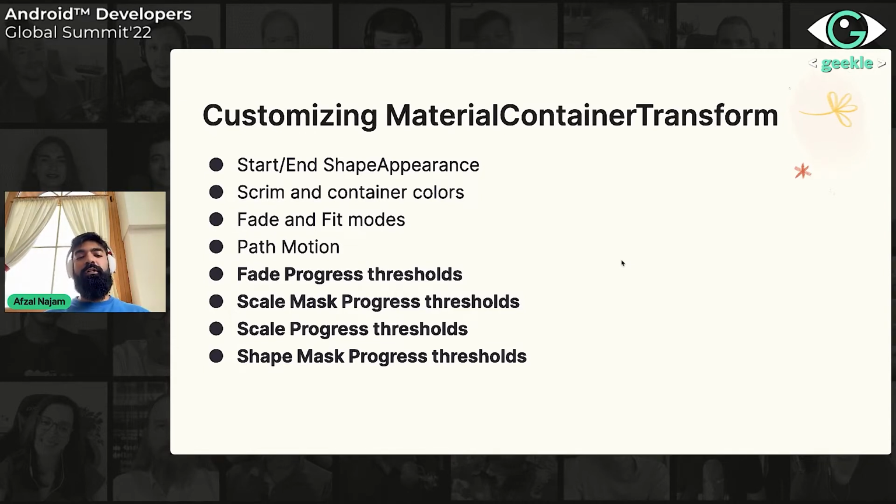And fit modes are linked to, we'll discuss this later, but they're linked to scale mask progress thresholds, where it tries to fit the incoming container not to the shape but to the proportions, the height width ratio of the new container.